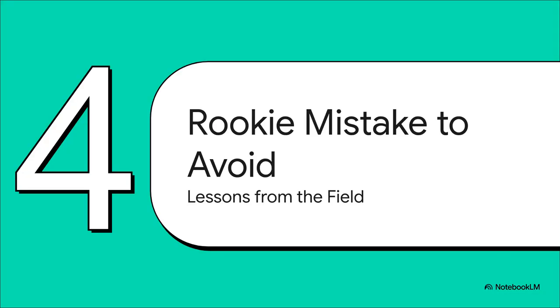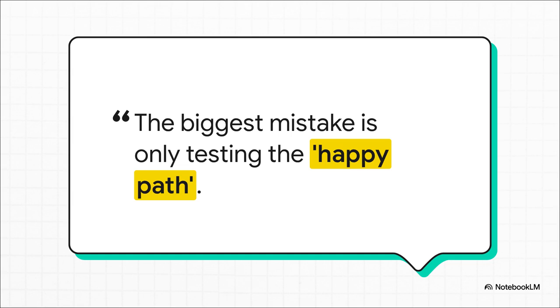So now that you've seen what a good test looks like, let's talk about the single biggest rookie mistake that almost everyone makes when they're first starting out. The most common pitfall, by a long shot, is only testing for success. You know, you send some valid data, you get a 200 OK back, and you call it a day. But what happens when a user sends a bad ID?